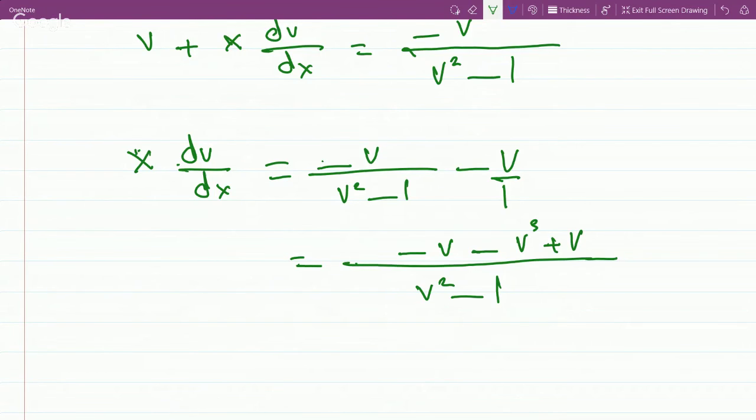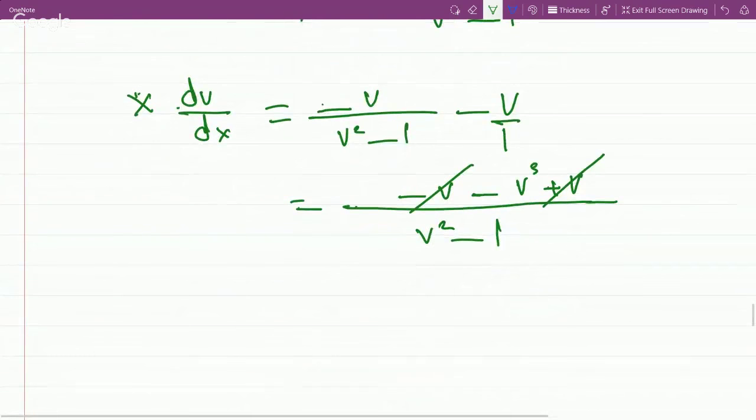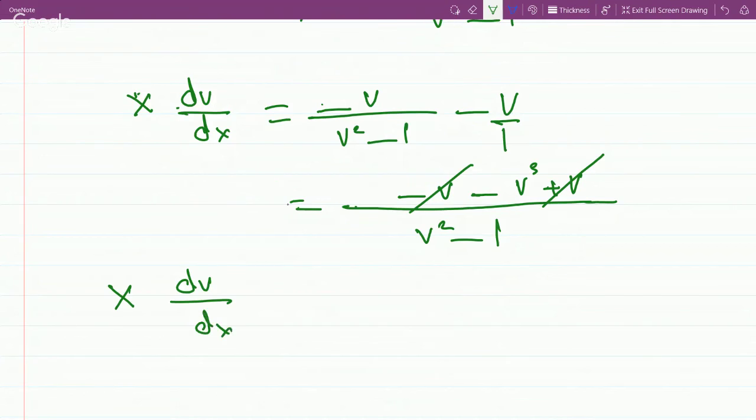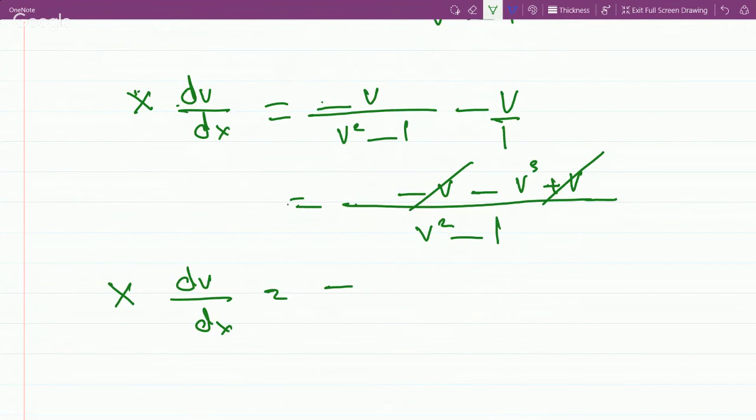Oh, right, never mind, these two dx cancel, and we get x dv over dx equal to minus v cubed over v squared minus 1.